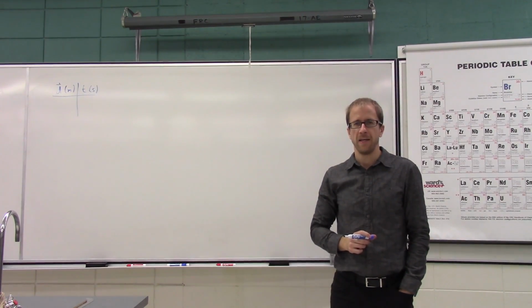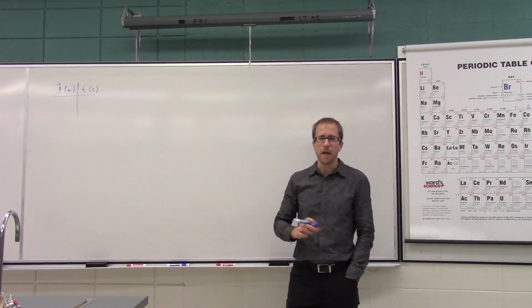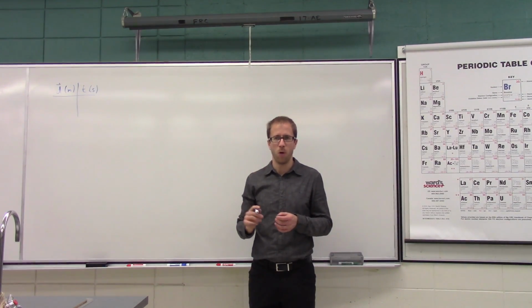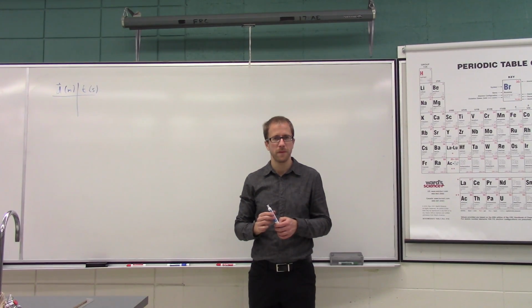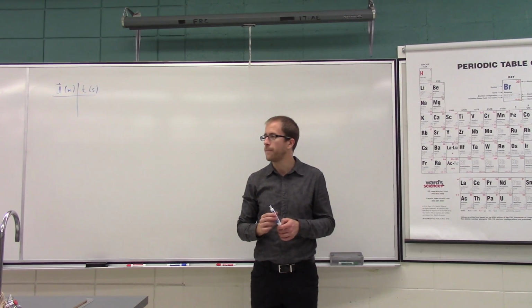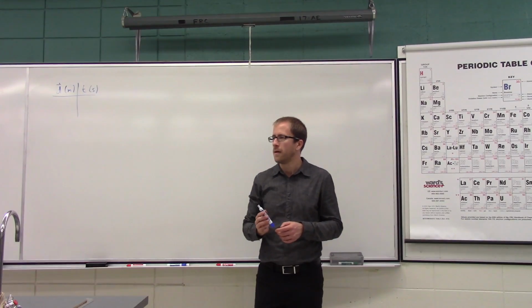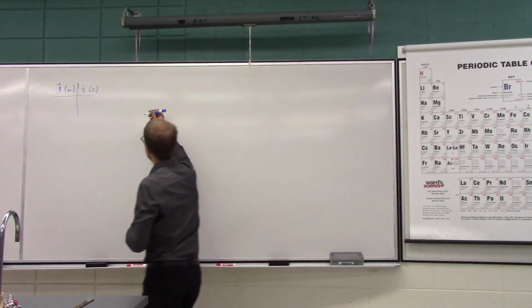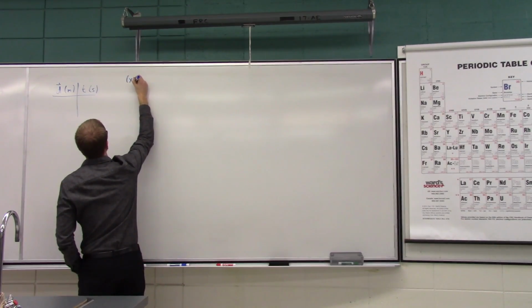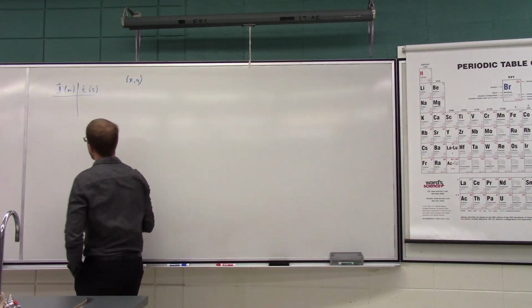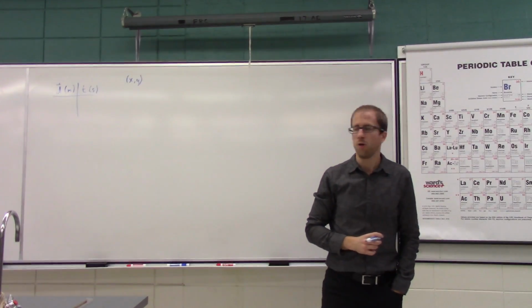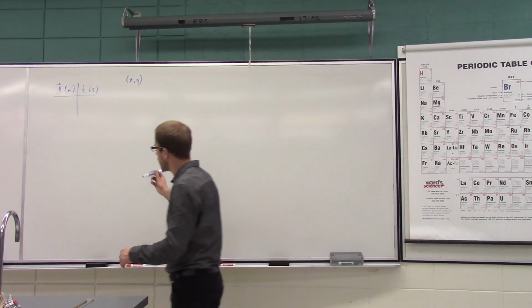If I gave you a pair of numbers, which number represents your x, which represents your y? When you're given an ordered pair, it would have looked like this, right? Your x, your y. We are now going to create a set of ordered pairs with our position time data.